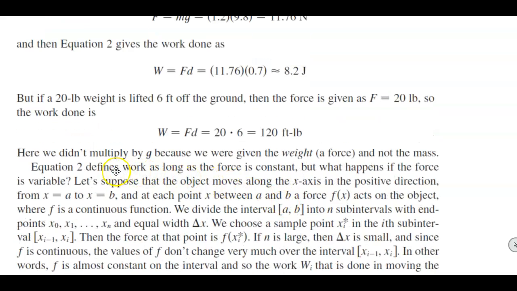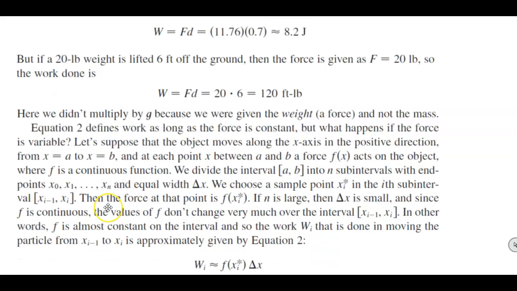Now, equation 2 defines work as long as the force is constant, but what happens if the force is variable? Let's suppose the object moves along the x-axis in the positive direction, from x equals a to x equals b. At each point x between a and b, a force f of x acts on the object, where f is a continuous function.